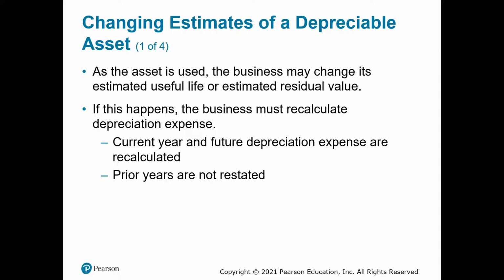When a company makes an accounting change, generally GAAP requires the business to recalculate the depreciation for the asset in the year of the change and in future periods. They do not require that businesses restate prior years' financial statements for this change in estimate.